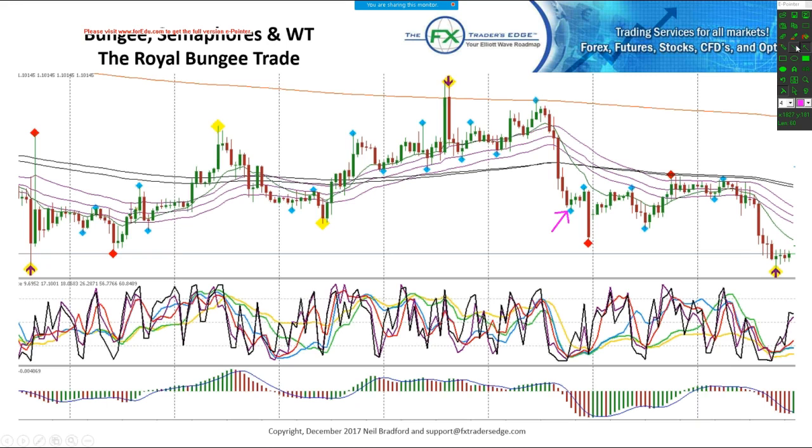So what we're looking for, as soon as you see that setup, is a retrace to sell for the lower Royal. Same setup again. Note, lower high on price. Massive hidden divergence on the green bungee.